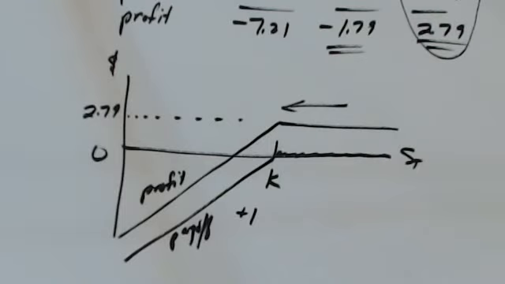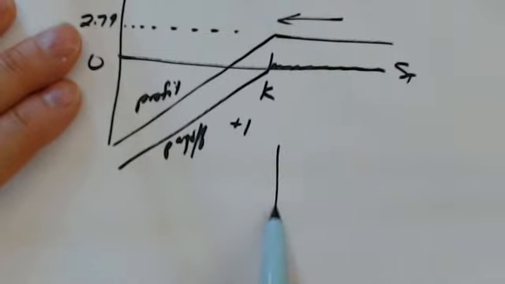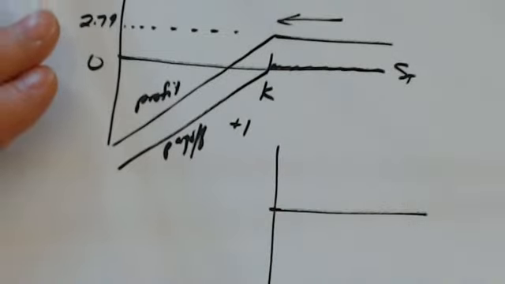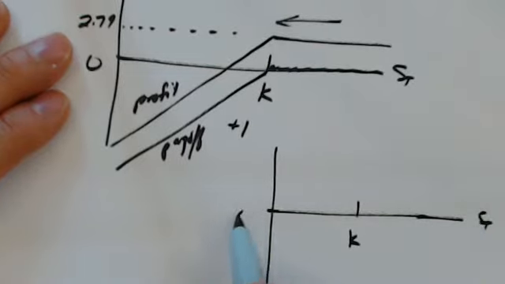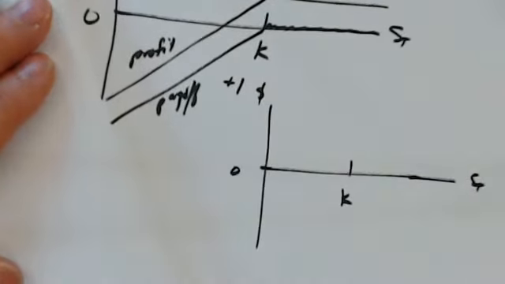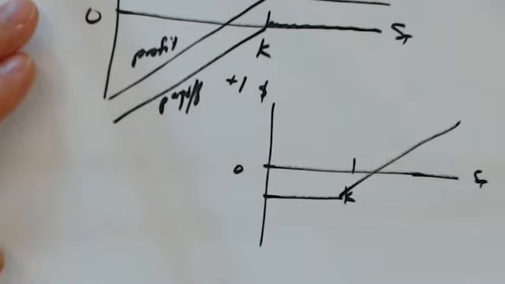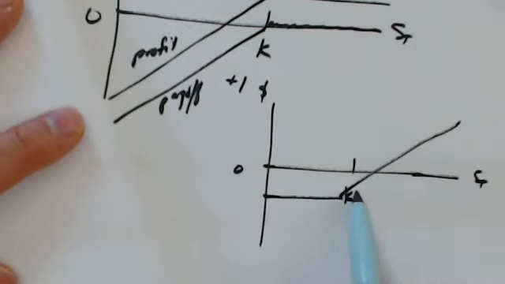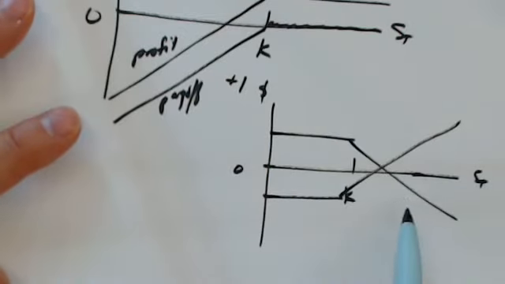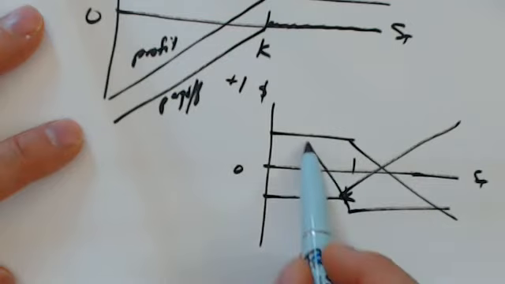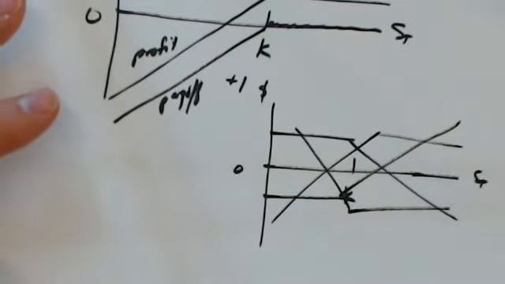So, to summarize, as I did in class, sometimes these are called hockey sticks. The hockey sticks all kink at K, for all these positions. And so the profit for a call looks like that type of hockey stick when you buy a call. When you short a call, it looks like this. When you buy a put, it looks like this, and you short a put, it looks like this.